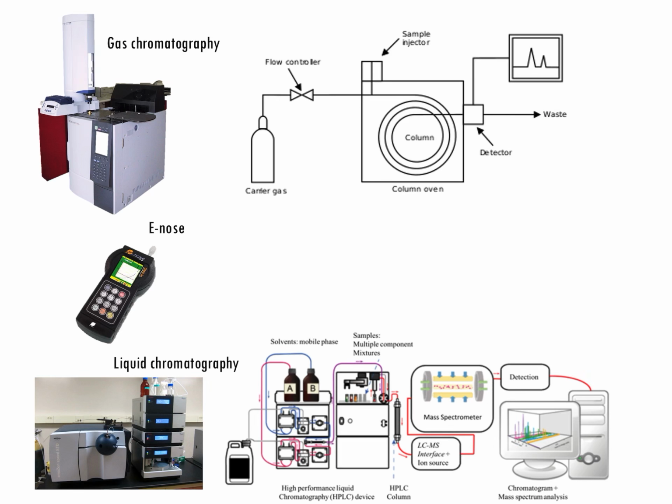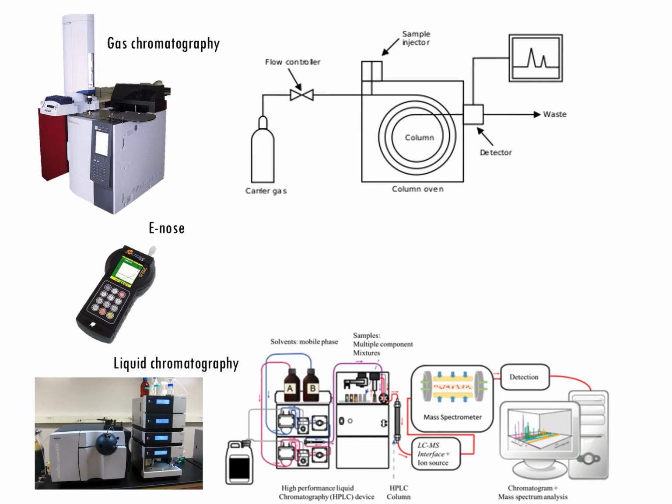Gas chromatography is the equipment that we use for measuring the aroma compounds or the volatile compounds. For example, a single strawberry aroma might contain about 40 compounds together to make a complex aroma.